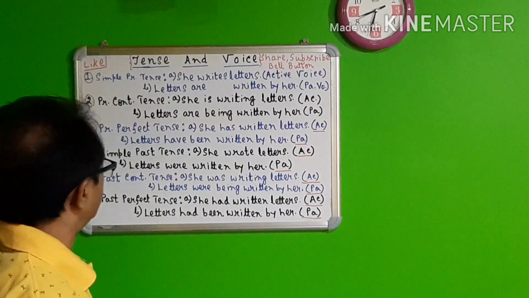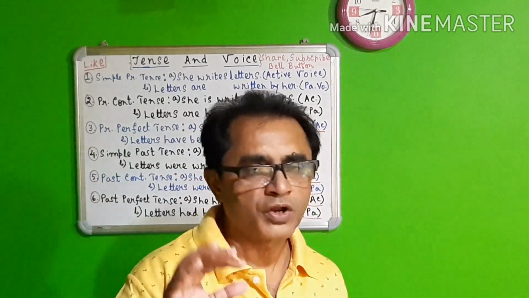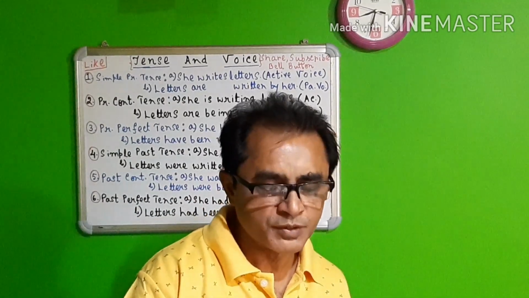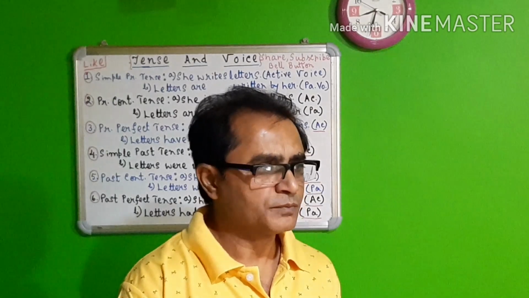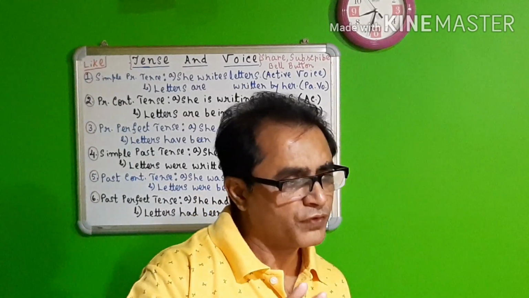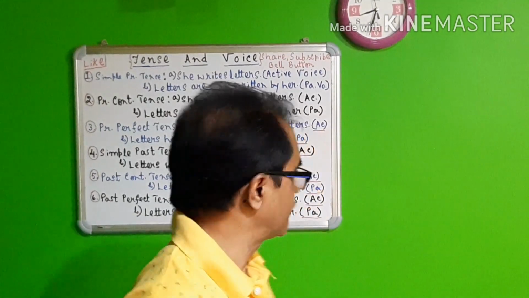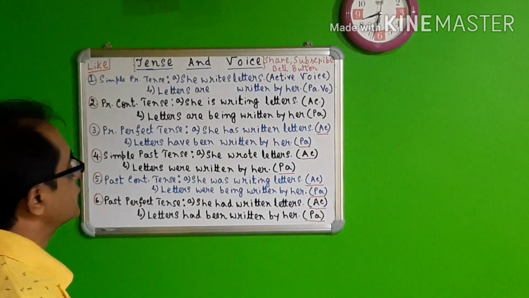Now let's go to the third one, present perfect tense. What is the use of present perfect tense? Present perfect tense is used for a work which has been completed recently, sometime only some time ago, and often its result remains. There we use present perfect tense. Look at this line. She has written letters.